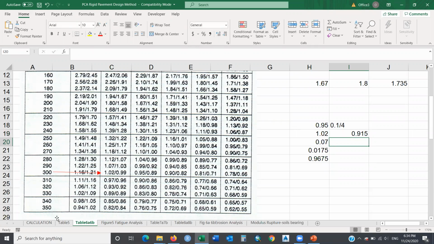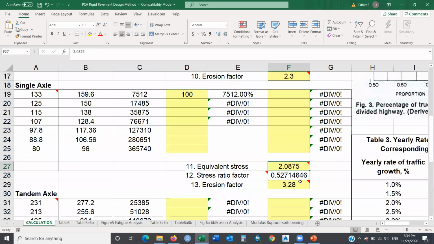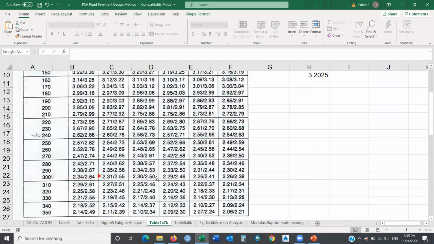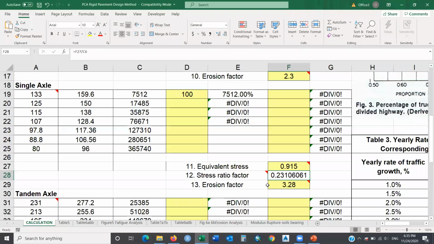So it's 0.915. And the erosion factor will be somewhere between 2.50 and 2.55. Halfway, which is 0.50, is 2.52. And halfway between 2.50 and 2.52 is 2.51. And a little more, but let's just say 2.51.